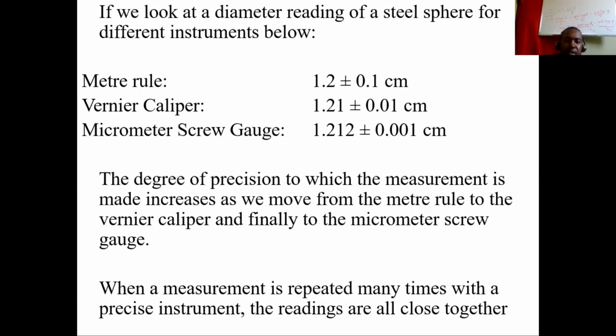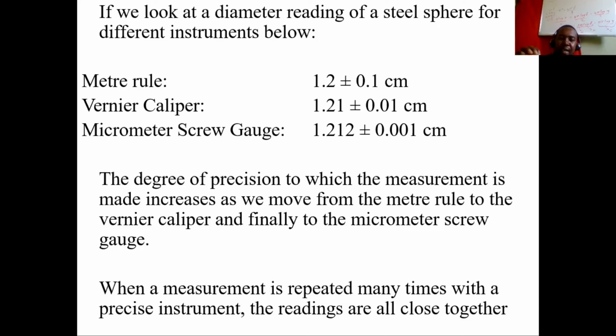So precision in this case means how deep can you get into the reading, right? It's just like your phone. Some phones, you zoom in on your figure to get a more detailed look at it. So that's what is being shown here. Your meter rule would be just a normal picture that you take.